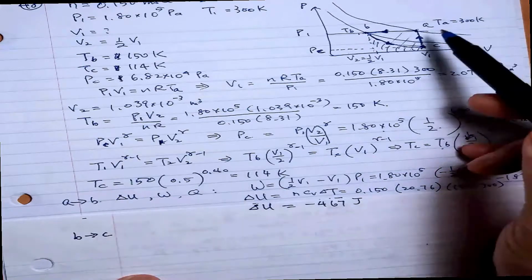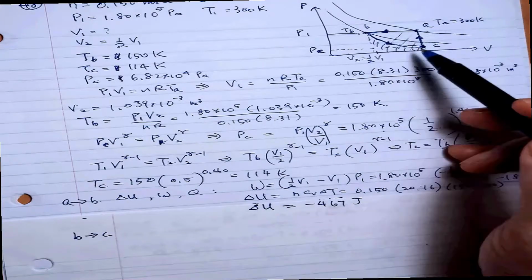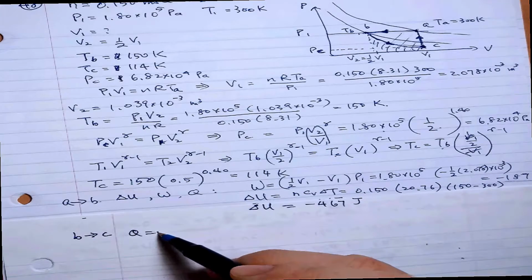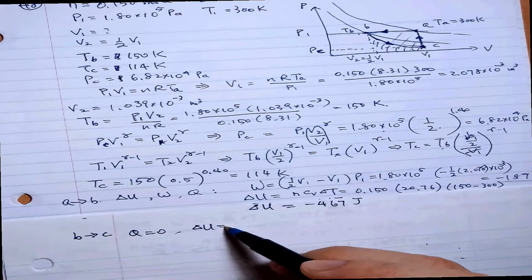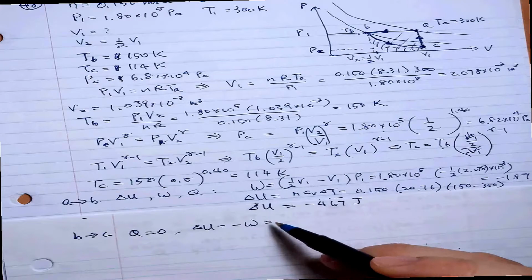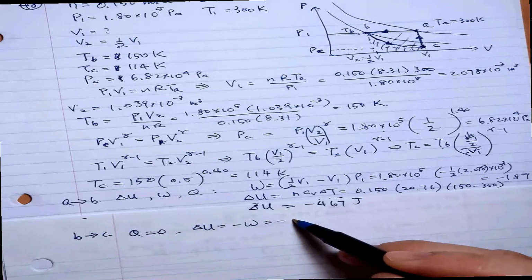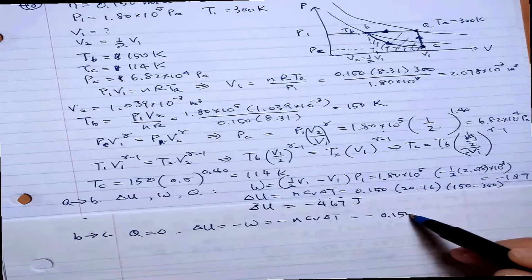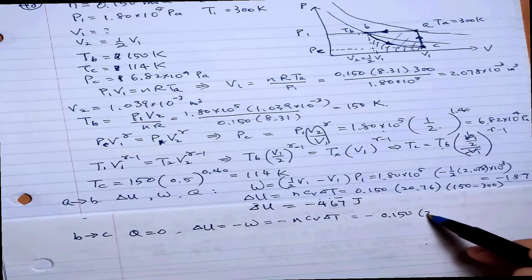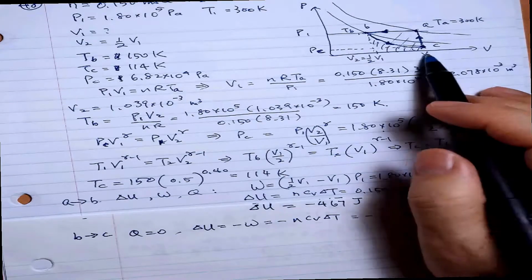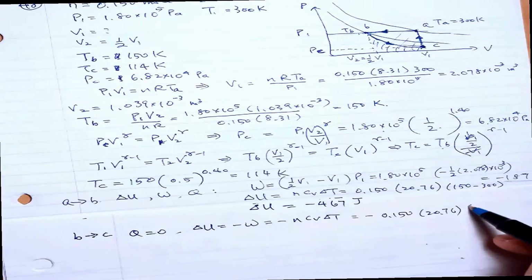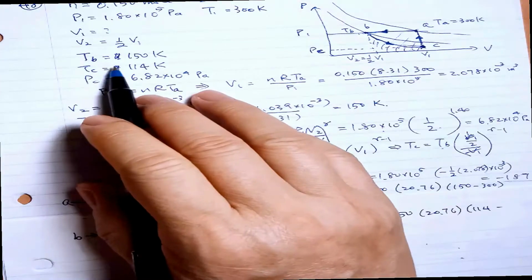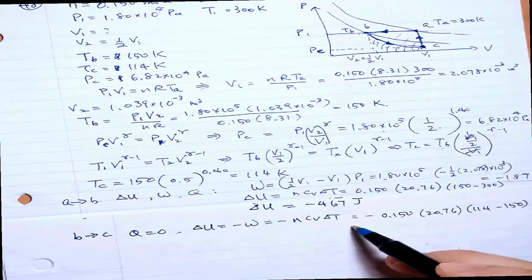And then from B to C is adiabatic. If it is adiabatic, it means Q must be 0, and delta U must be negative of W. But W, we know, is negative N CV delta T. So N is 0.150 mole, CV is 20.76, delta T, T final, which is TC, 114, minus TB, which is 150.